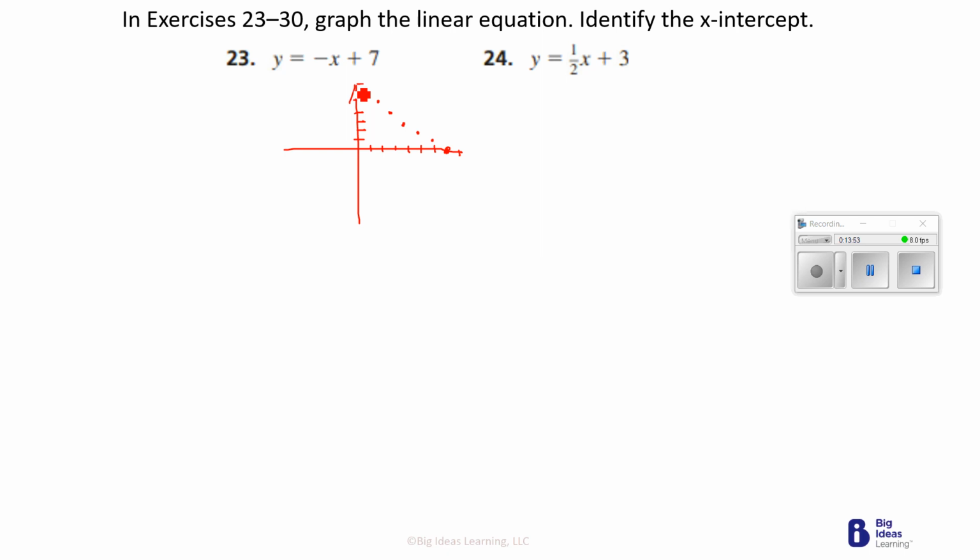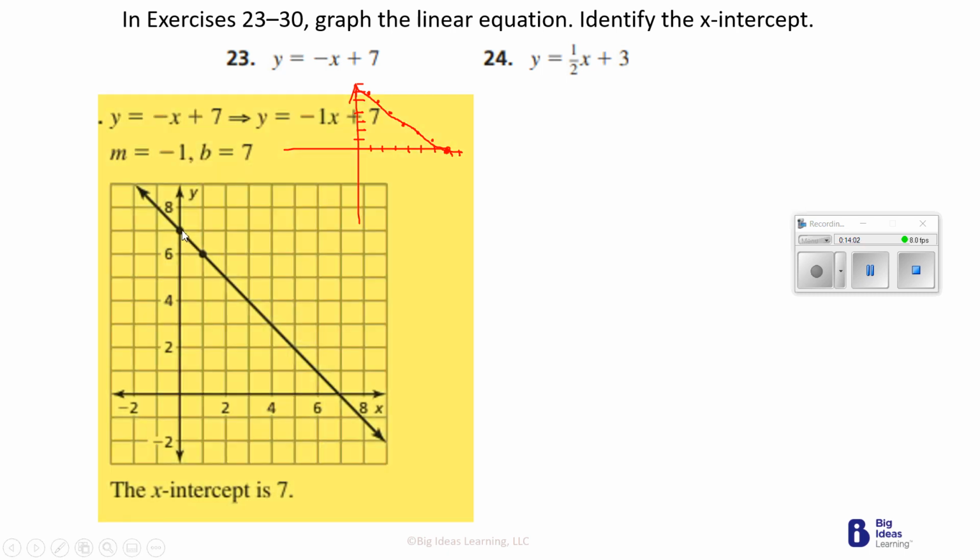And if I graphed it, my line would be going from positive 7 to positive 7 on x. Let's see if that's what we get here. We start at positive 7 and it crosses positive 7 on x.